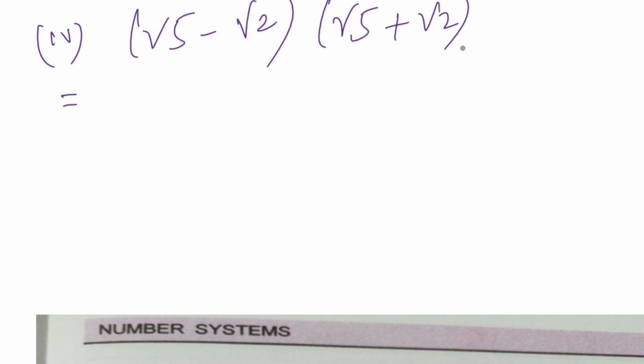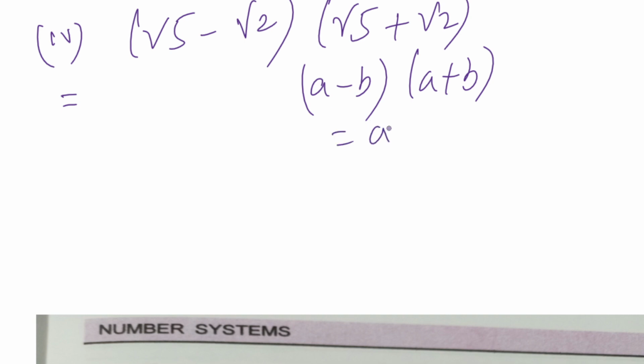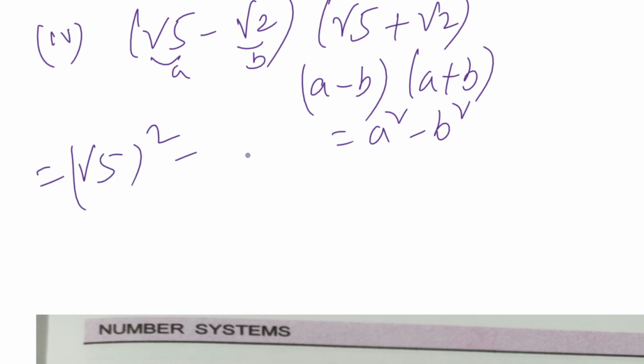This is one method, but here again the same formula. See, whenever you get the chance to use a formula, please use the formula. A minus b, a plus b equals a square minus b square. My a is this one and this is my b. So the formula a minus b, a plus b is a square minus b square.